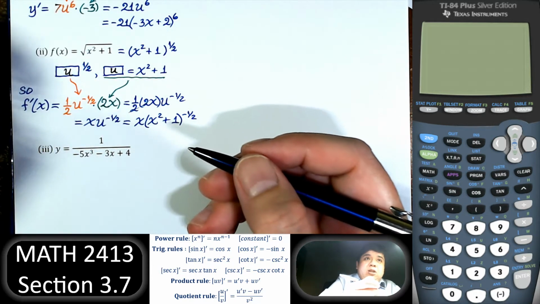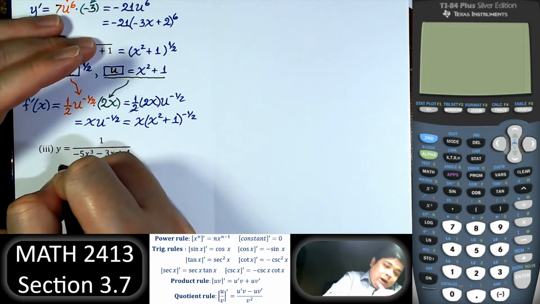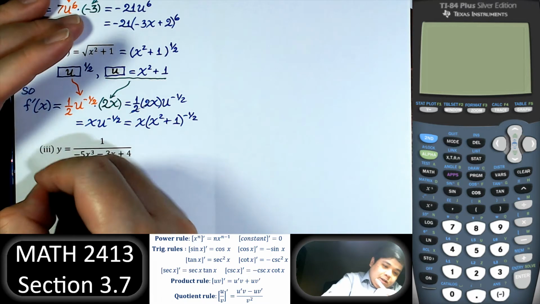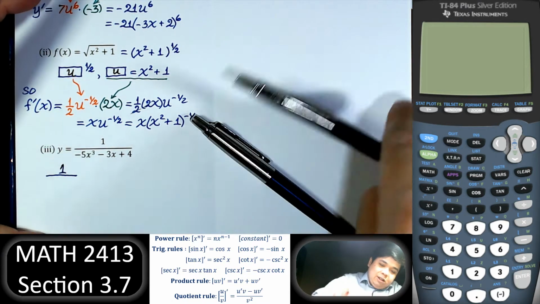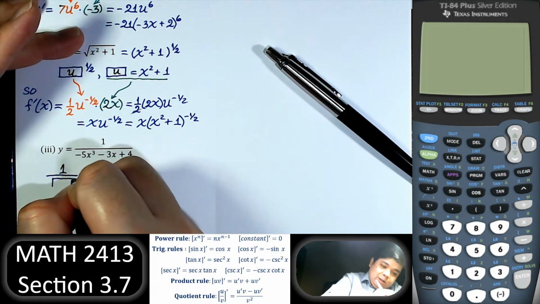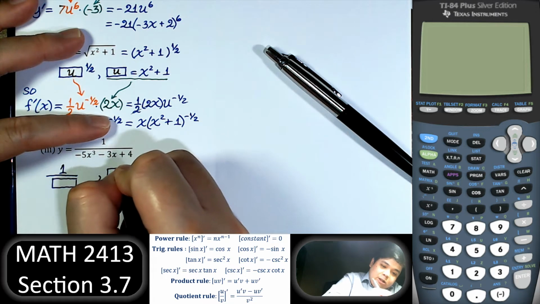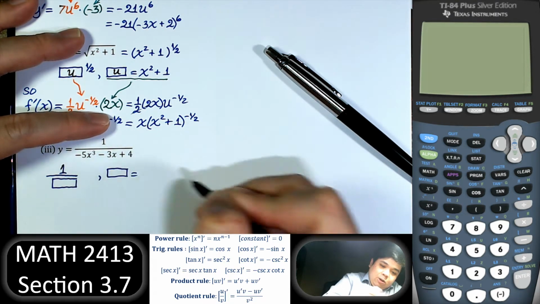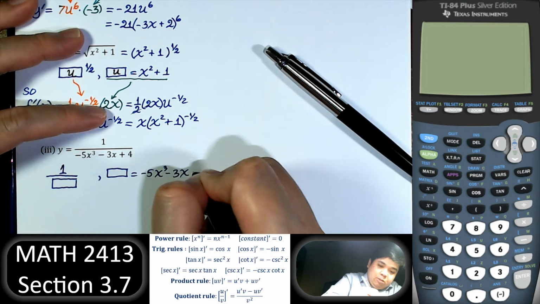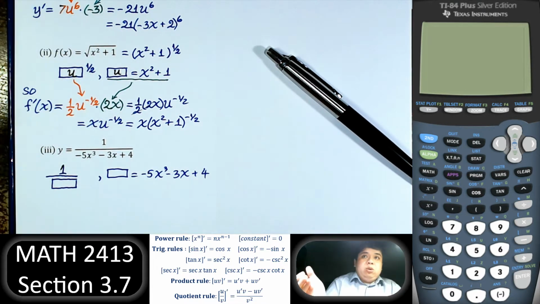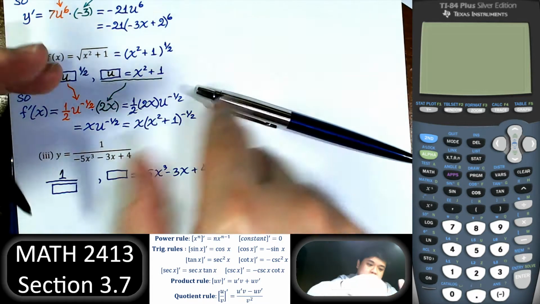So we can just write, we have 1 over a box, and the box is equal to negative 5x cubed minus 3x plus 4. In that case, we can decompose a function into 2, right? Now, of course, we can label them u.